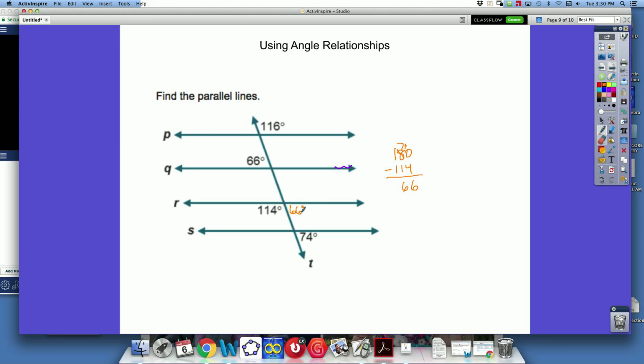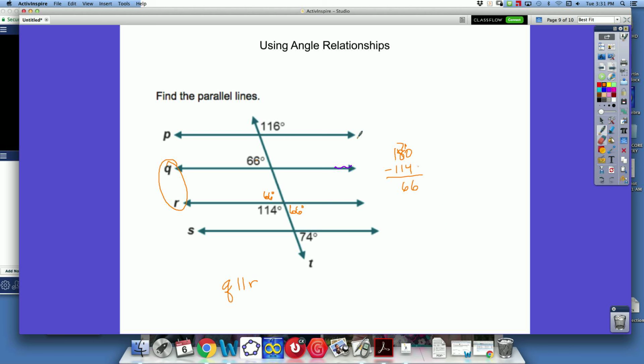And now I can see if this is 66, this is 66, and these two are corresponding. So that means these two are the parallel. Q is parallel to R.